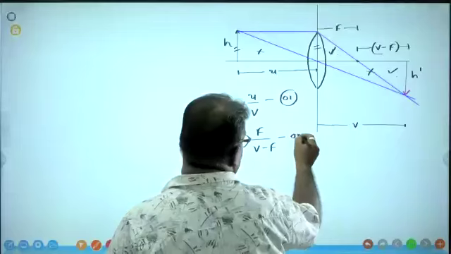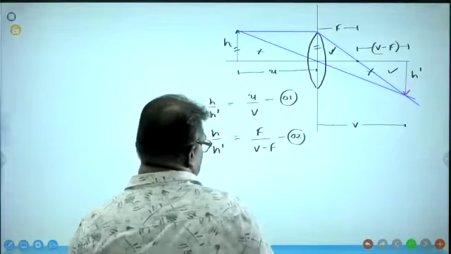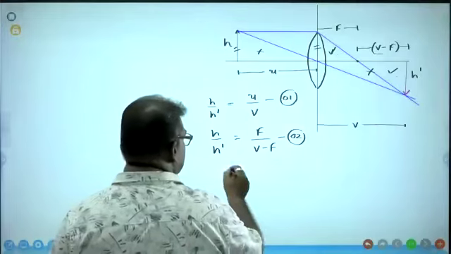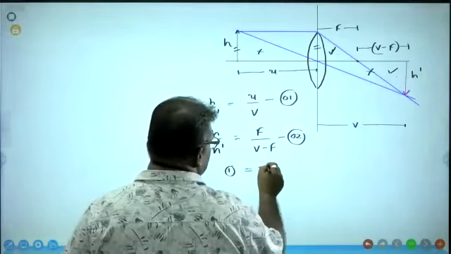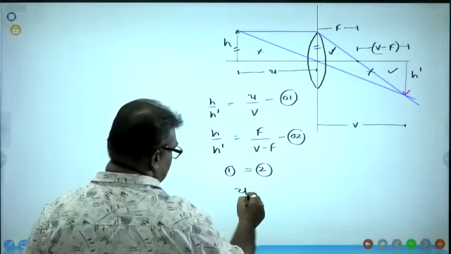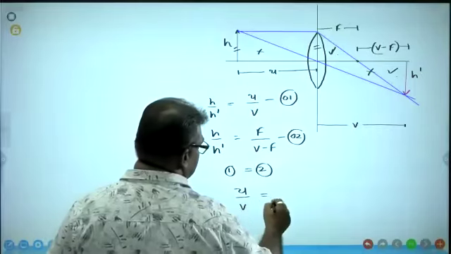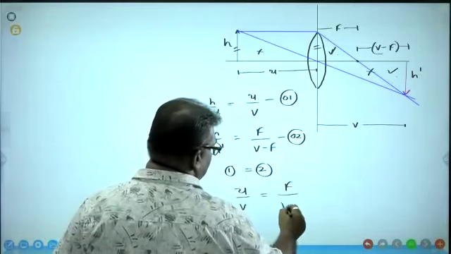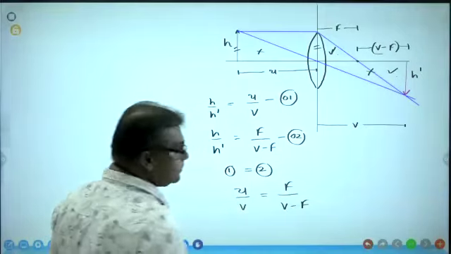This is number 2. Equating first and second, u over v equals f over v minus f.